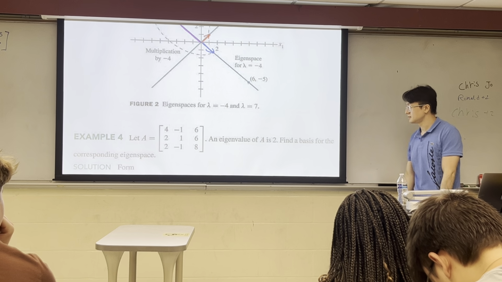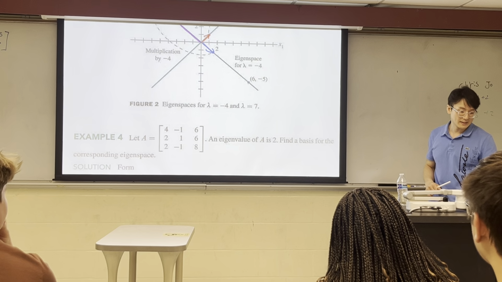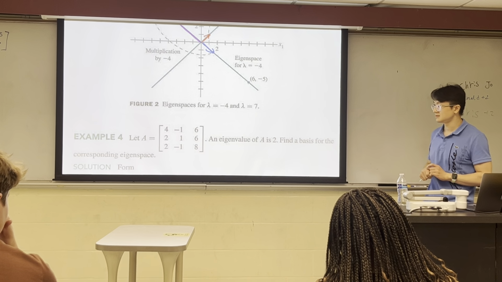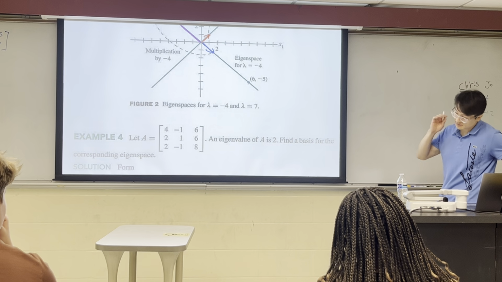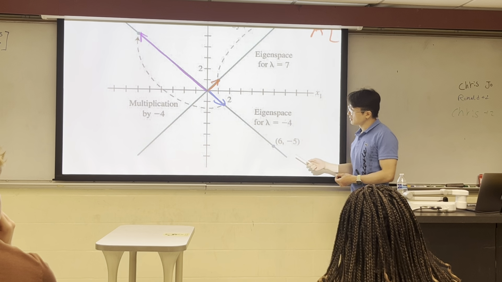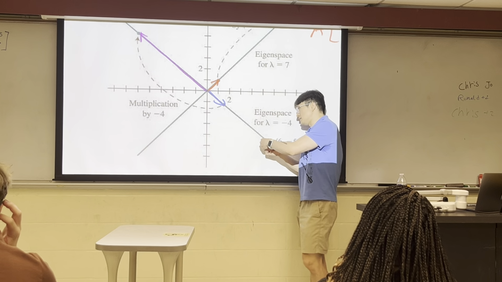I have a different question. Is eigenspace just the combination of the eigenvalue and the eigenvector? Yes. Good. So let's say you have some eigenspace, and there must be an eigenvalue and also eigenvectors along this.